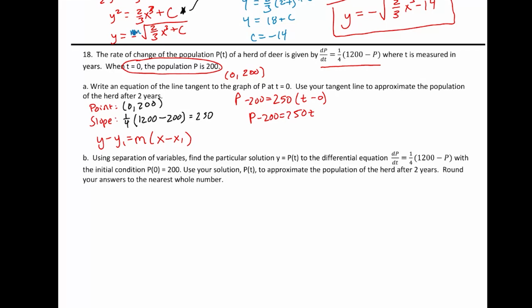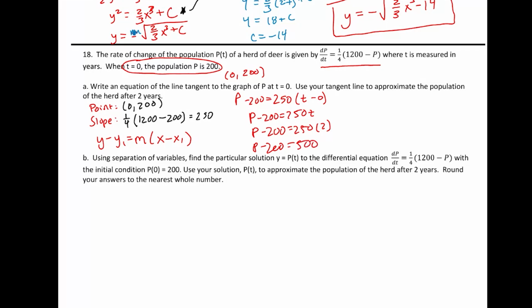So if I want to estimate the population of the herd after 2 years, I'm simply going to plug in 2 for the time and solve for P. So I've got P minus 200 equals 250 times 2. 250 times 2 is 500. So I've got P minus 200 equals 500.